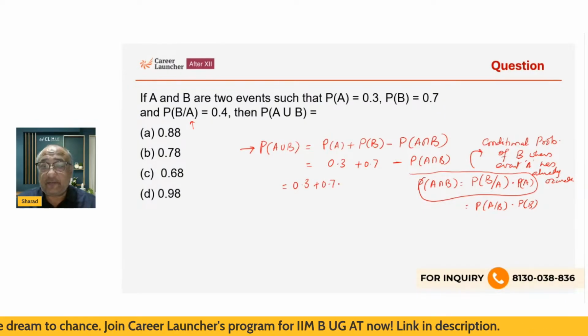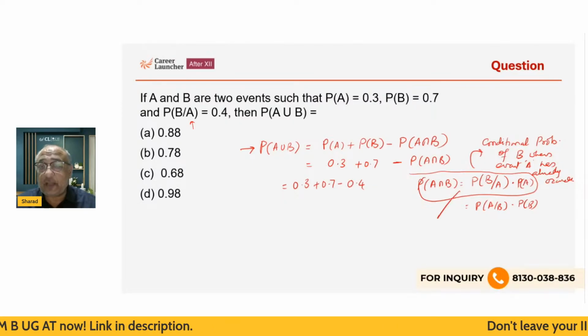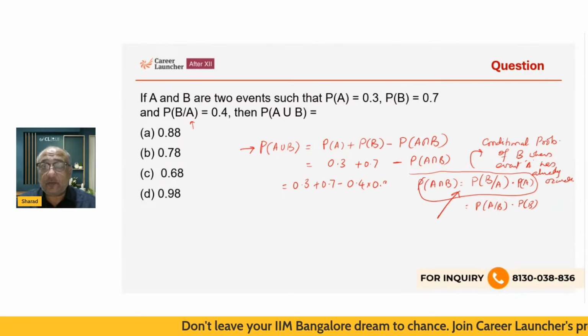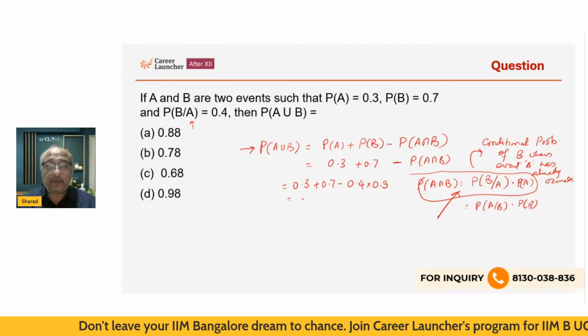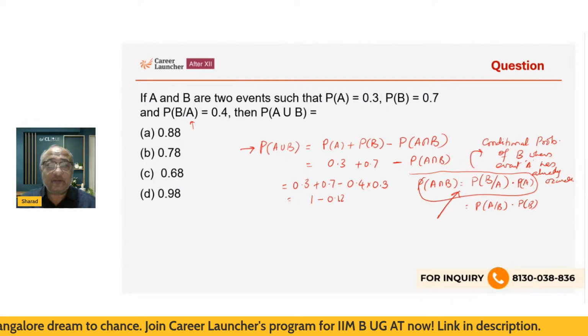0.3 into 0.7 minus, what is probability of A intersection B? That is 0.4, the formula I'm using, into probability of A, which is equal to how much? 0.3. So let us compute now. This is 1 minus 0.12.